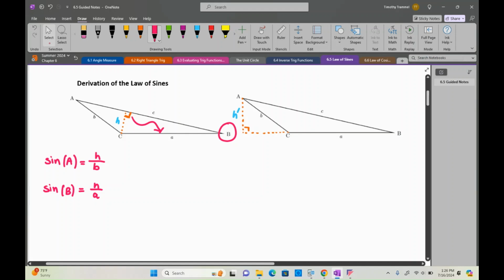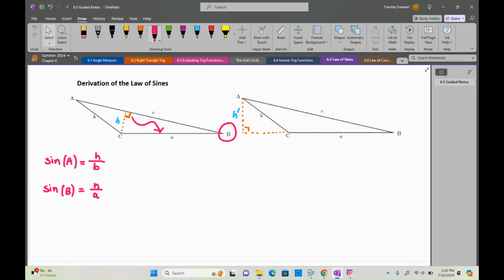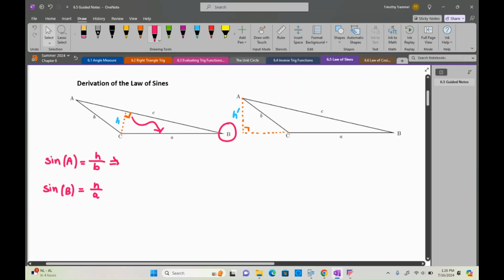So we have these two equations. We can solve these both for H if we'd like to. If we did that here, we're going to get H is equal to B sine A. And for this bottom one here, we're going to get H equals A sine of big B.